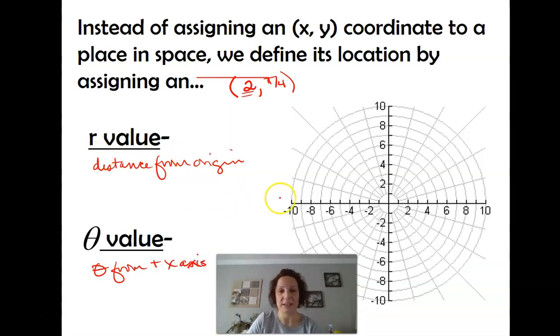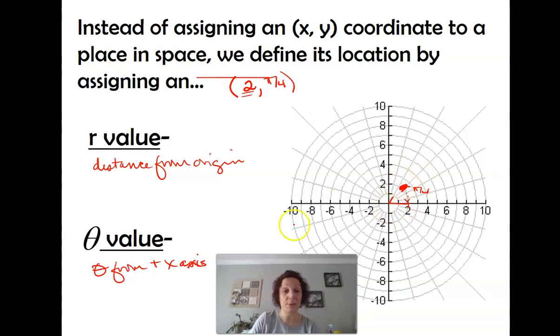The way I think of it is this: I think of a little arm that comes out 2, and then I rotate that arm through pi over 4, and there's my point right there. It's 2 out, rotate pi over 4.